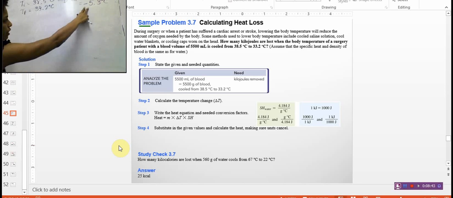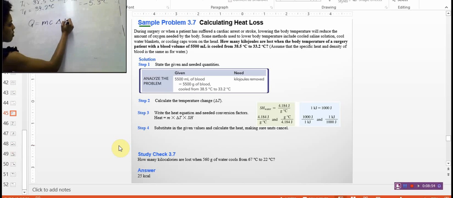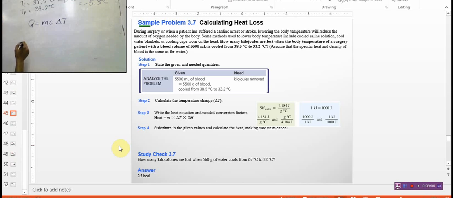We've calculated our delta T. Now we need to take a look at our heat equation. The amount of heat lost or gained is going to be MC delta T, right? So all we have to do now is plug and chug. Oh, and we want to know in kilojoules, right? So let's plug and chug.